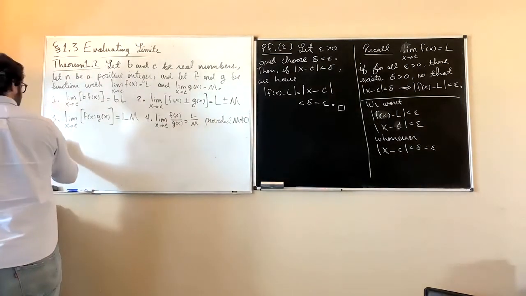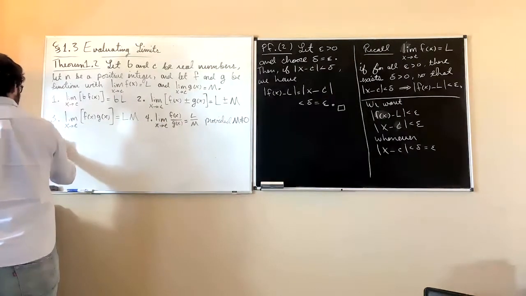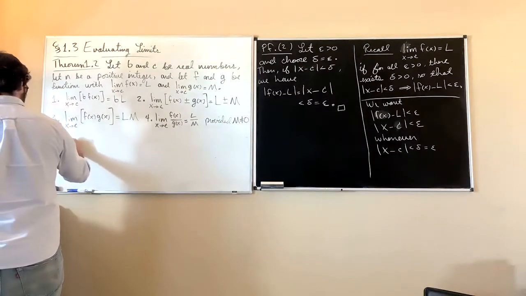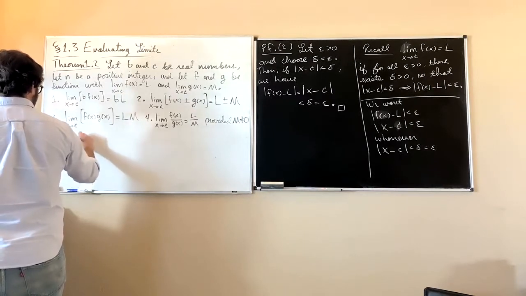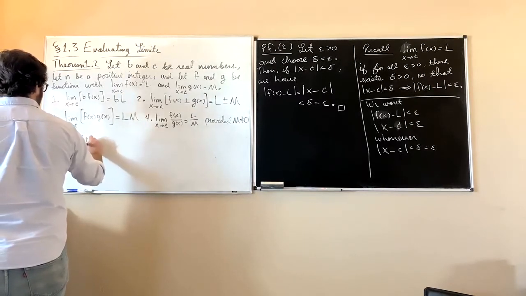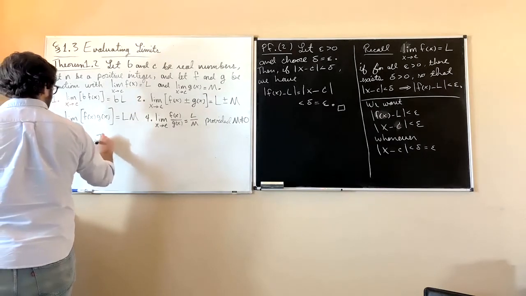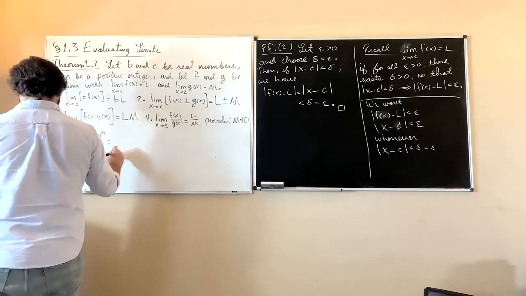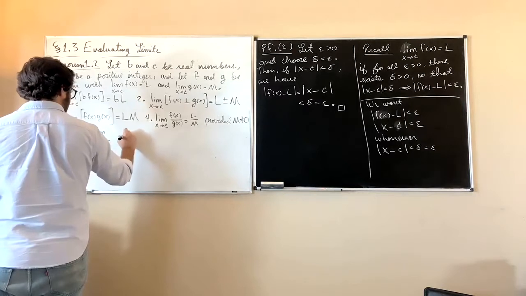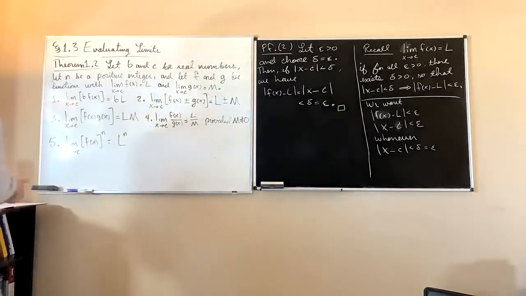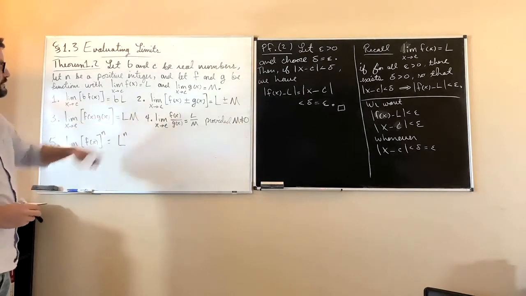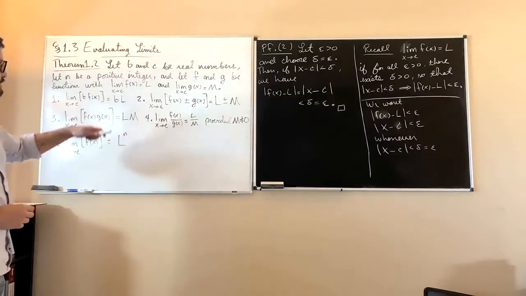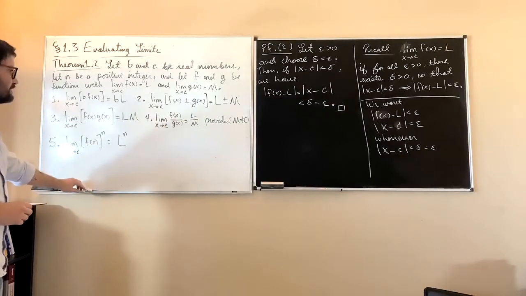And then finally, part five, the limit as x approaches c of f of x all to the power n is equal to L to the power n. So again, b is just some constant, so for a constant times f, take a limit, it's b times the limit, and then all the others are just algebraic properties.